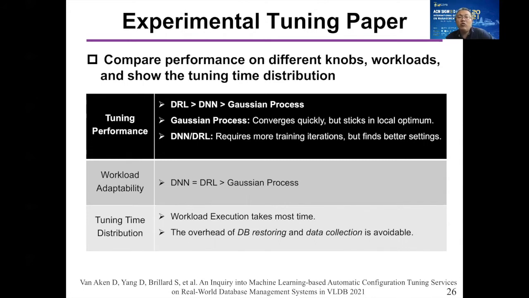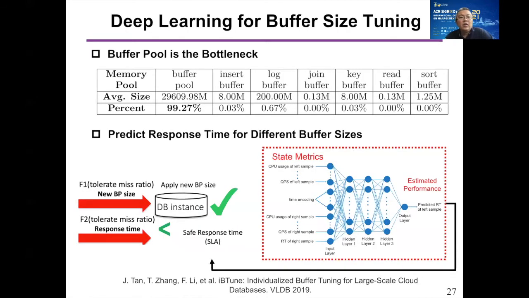And the tuning time, if we want to run workloads, the running workloads take much portion of the time. So it's important to reduce the training time. So there are lots of works on tuning the buffer size. For example, the buffer is very important to meet the user requirement, for example, SLA, service level agreement.